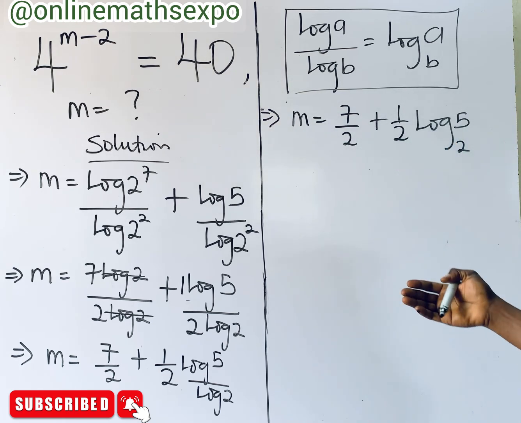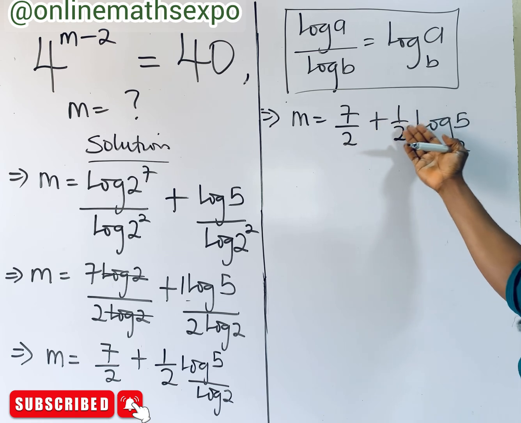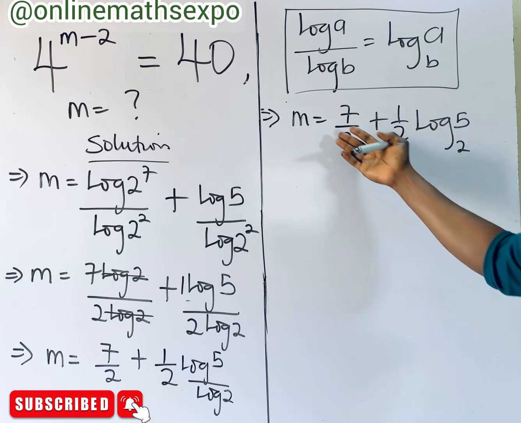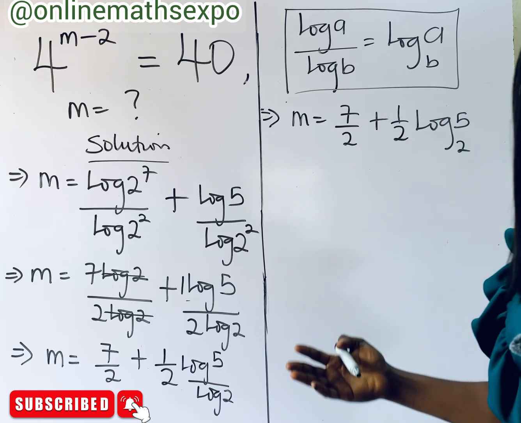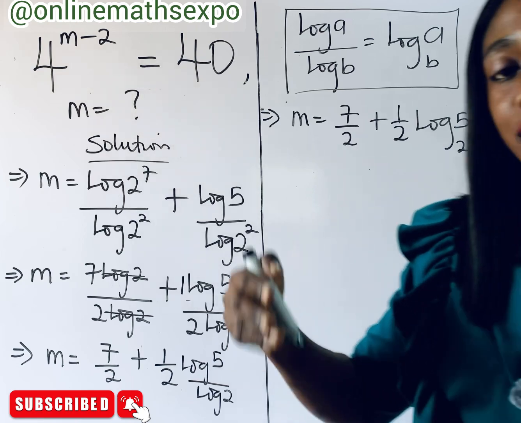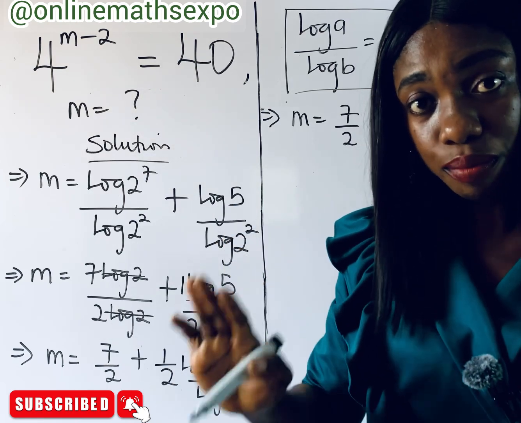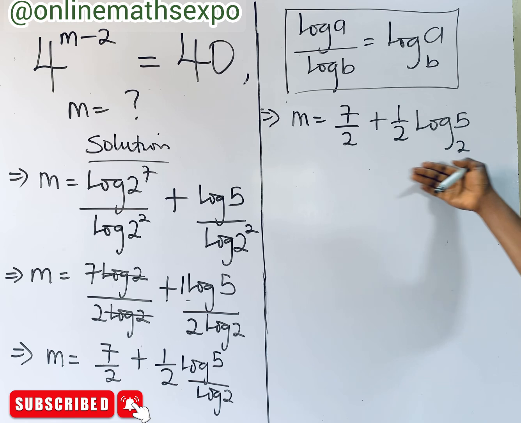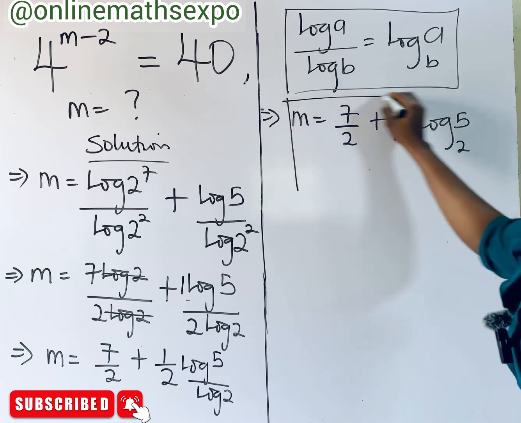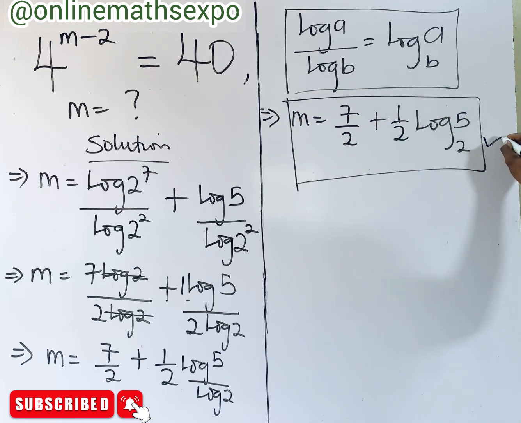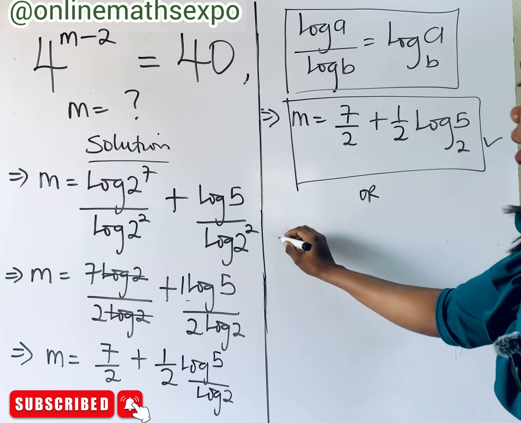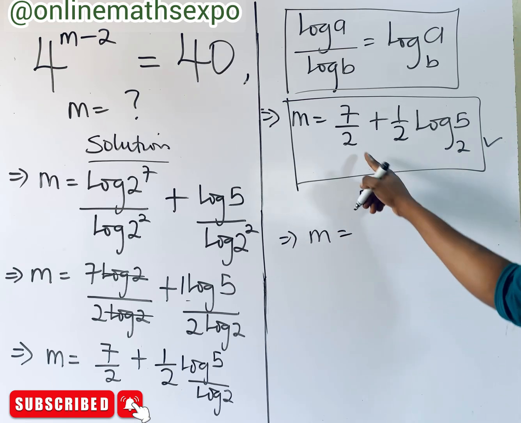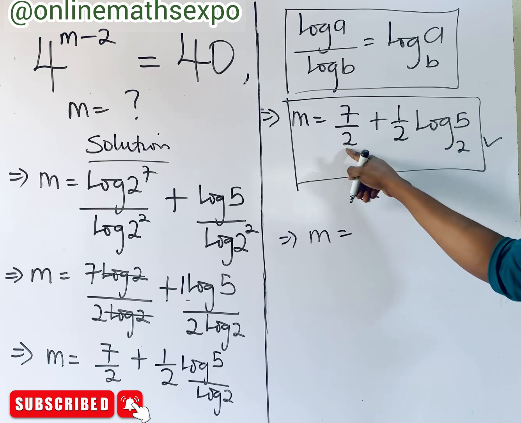You observe carefully that we have simplified this, okay? The numbers we have here are all prime. So each time you have your values in prime, it is the simplest form. So we have been able to simplify. You can also leave it this way. So this is our value of m. You can also leave your m as m is equal to, observe that the denominators are the same.